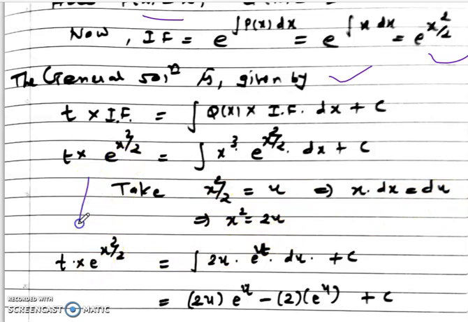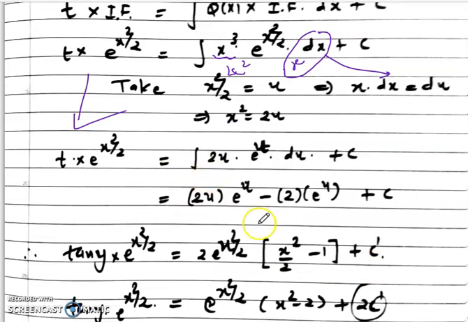Here x raised to cube can be written as x square into x, but x square is exactly 2u. So x cube can be split into x square and x dx, which is du, and x square is 2u. So 2u into e raised to u du plus c.